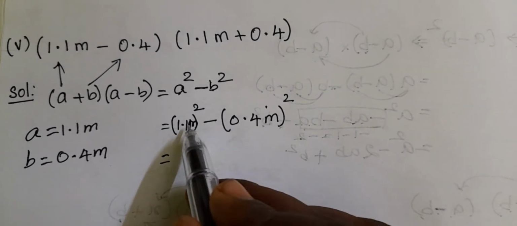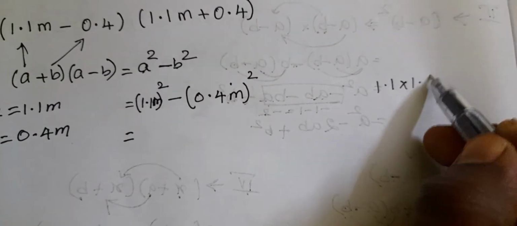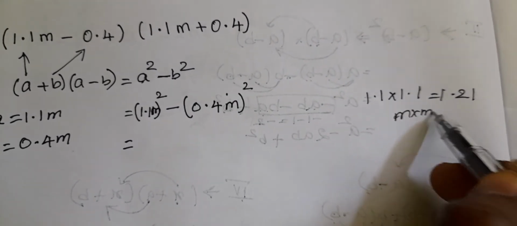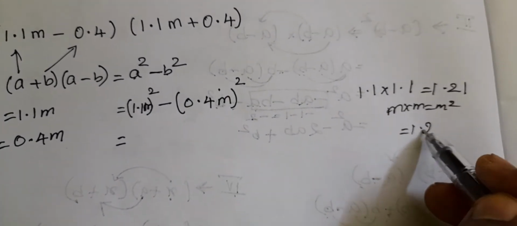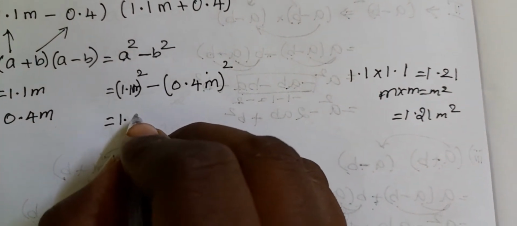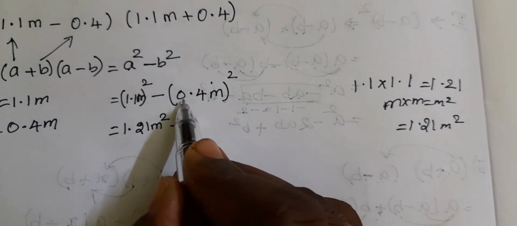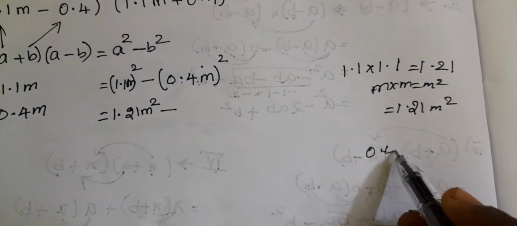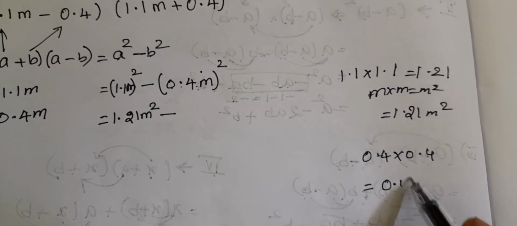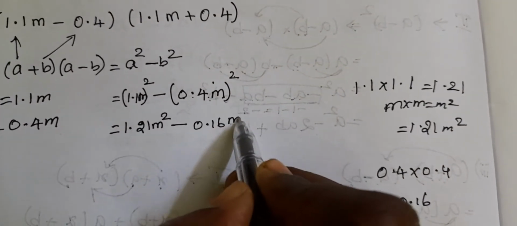Now let us write 1.1m whole square. If you simplify 1.1 into 1.1, you will get 1.21, as well as m into m is m square. So 1.21 m square minus 0.4 whole square. 0.4 multiplied by 0.4 will be 0.16, so 0.16 m into m is m square.